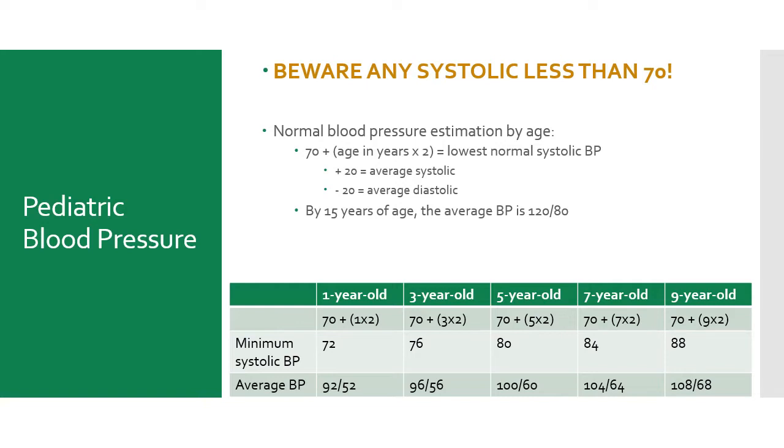The age in years times 2 plus 70 gives us the lowest systolic blood pressure that we would accept. Then we take that number and add 20 to it, and that gives us our average systolic. We subtract 20 from that original lowest number, and that gives us an average diastolic. So we say the age in years times 2 plus 70 and then plus or minus 20, and that's the calculation that you can use.